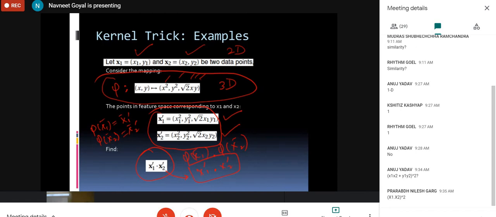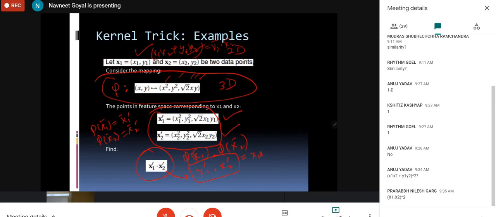What is x1 x2 plus y1 y2? It is nothing but x1 vector dot x2 vector, the dot product between the vectors in the input space. Can you see that? So now I'll write it here.